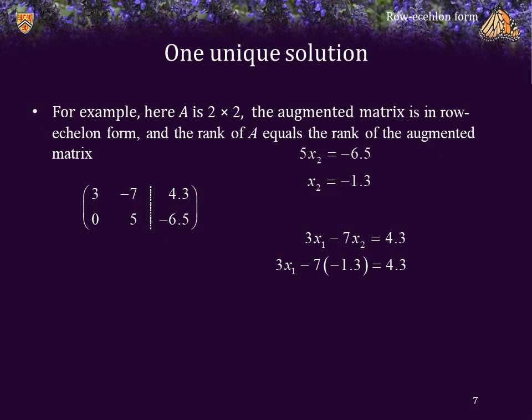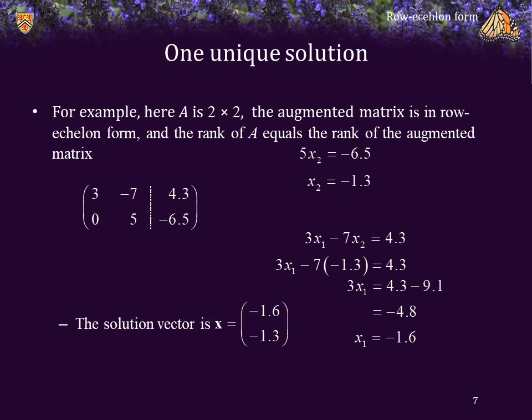So we can subtract 9.1 from both sides. That gives us 3 times x1 is equal to negative 4.8. But that again is a linear equation in one unknown, so we just divide both sides by 3, which gives us that x1 is negative 1.6. Thus, the solution vector is negative 1.6, negative 1.3.